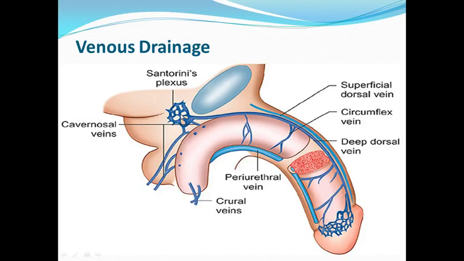And the other veins, that is the circumflex veins or the helicine veins, will also be draining into the prostatic plexus, and all the venous drainage is in correspondence with the arterial supply.